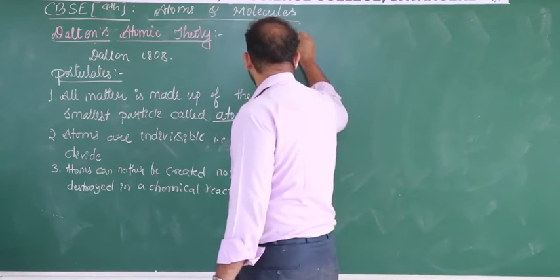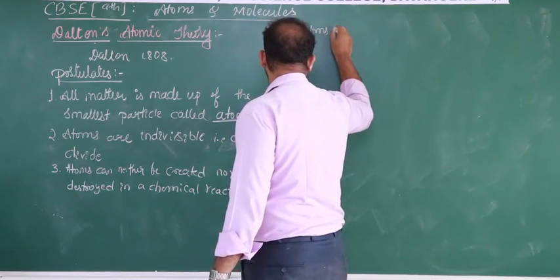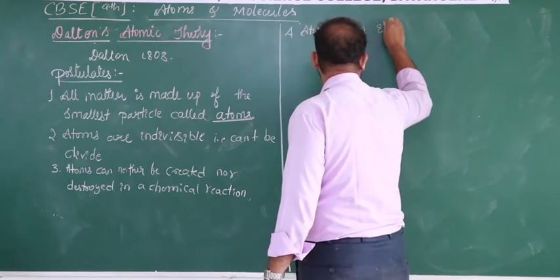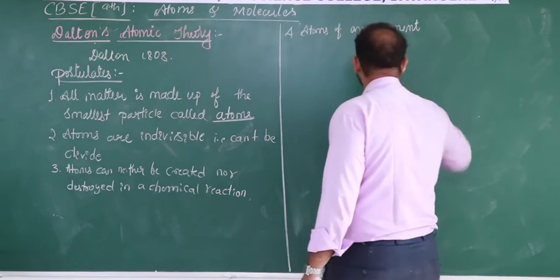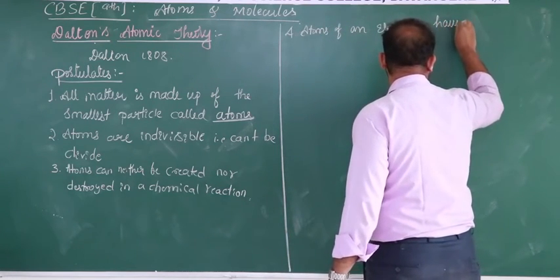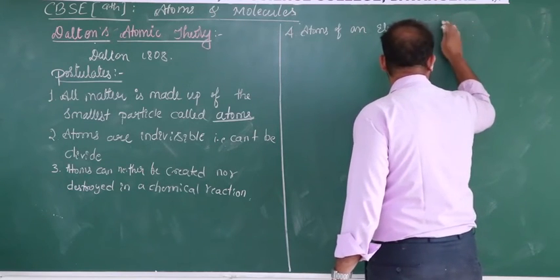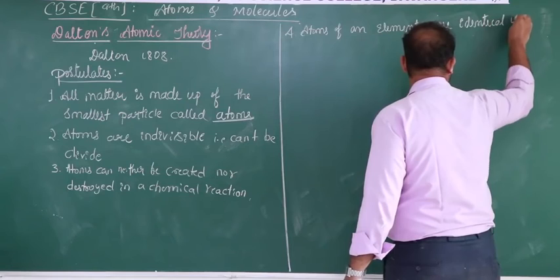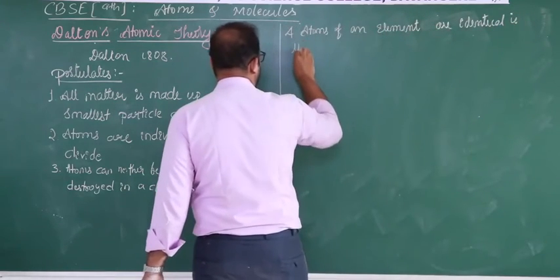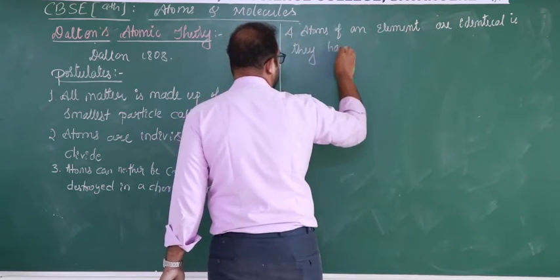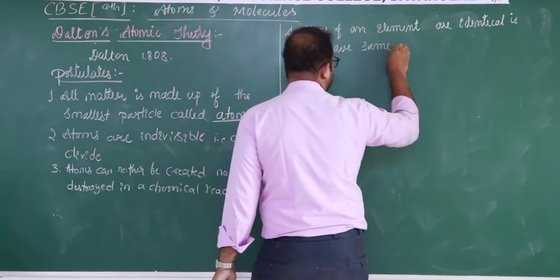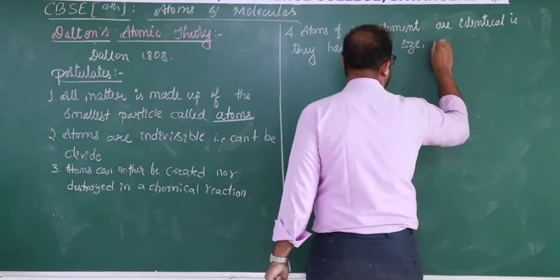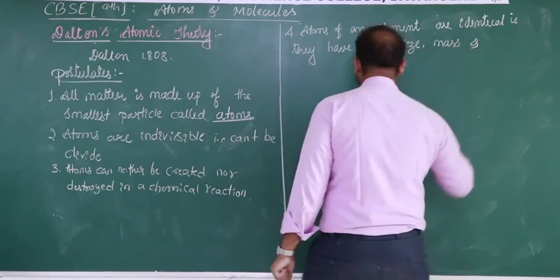So the next one is: atoms of an element are identical, that is, they have the same size, mass and chemical properties.